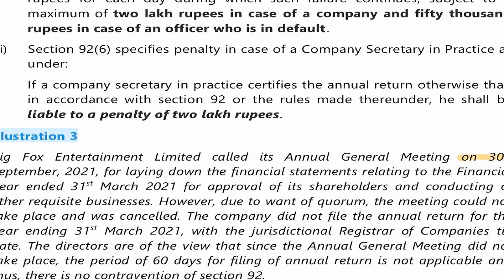However, due to want of quorum, the meeting could not take place and was cancelled. The company did not file the annual return for the year ending 31st March 2021 with the jurisdictional registrar of companies. Till date, the directors are of the view that since the AGM did not take place, the period of 60 days for filing the annual return is not applicable, and thus there is no contravention of Section 92.